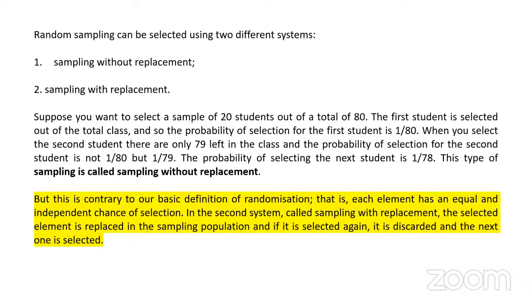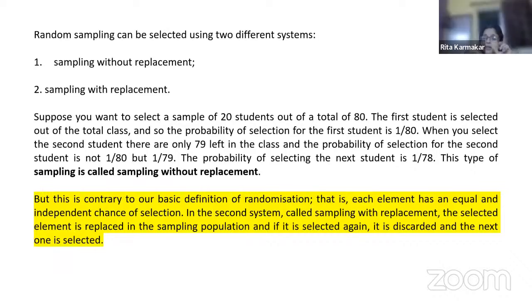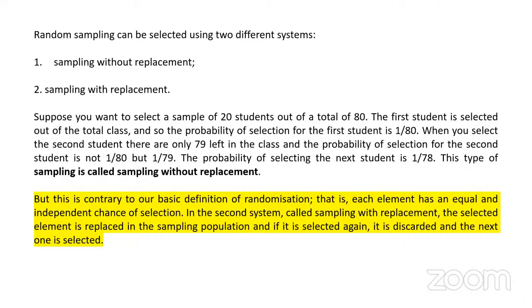Suppose person B, number 2, has been selected the first time. When 2 was selected, the probability was 1 by 80, and then 2 is out of that box. Now there are 79 left.